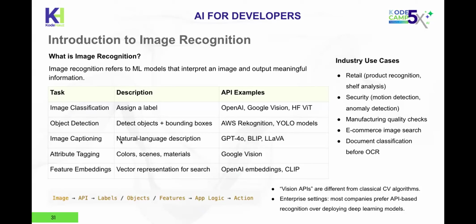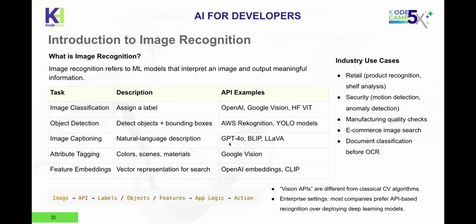Then we have image captioning. This is another thing you want to do where you have images and you want to give good captions to the images, right? So that's image captioning. Then you have, of course, GPT-4o, BLIP, and LLaVA, which are the models that can give you that functionality, natural language description of your images.